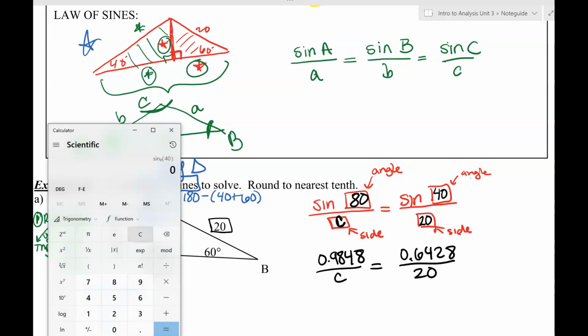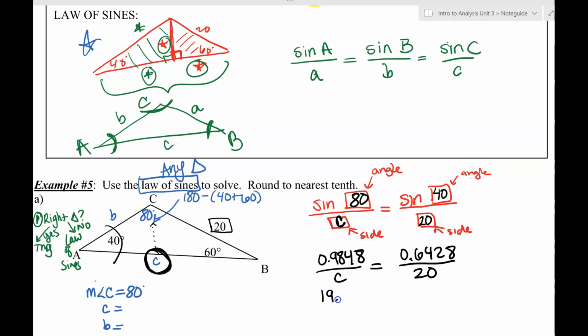So I'm going to multiply 0.9848 times 20 and get 19.696 equals, this decimal is going to multiply C, and to get C alone, I would divide by that decimal.